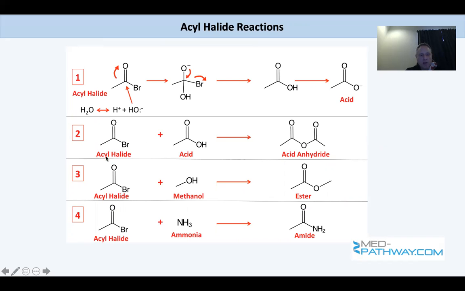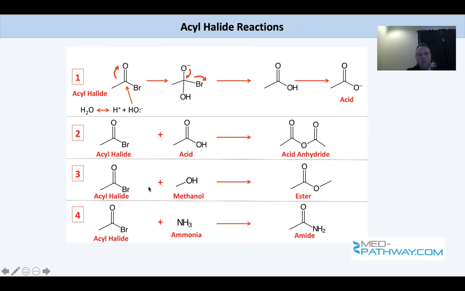Now, you could take an acyl halide and an acid, and these electrons on this oxygen, this negative charge here will react as the nucleophile, make a tetrahedral intermediate. So acyl halides and acids make acid anhydrides. You can react with an alcohol to get an ester.